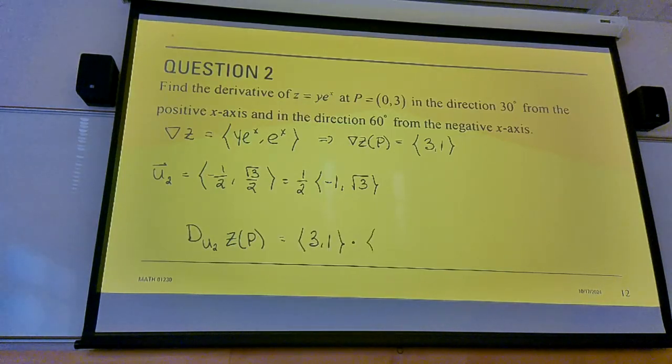Gradient dot direction. So what is our rate of change?